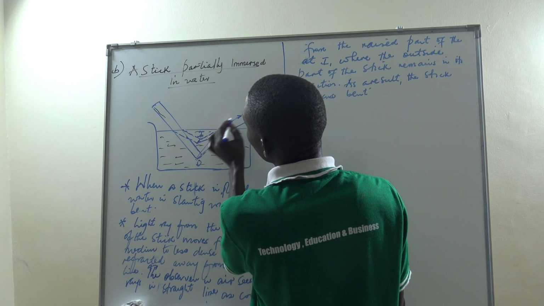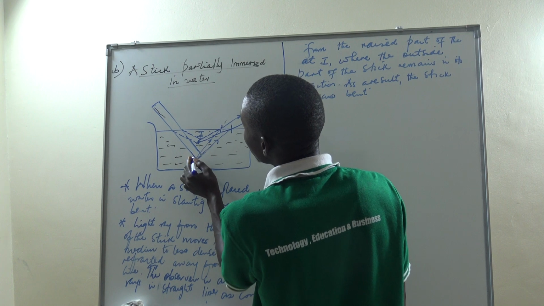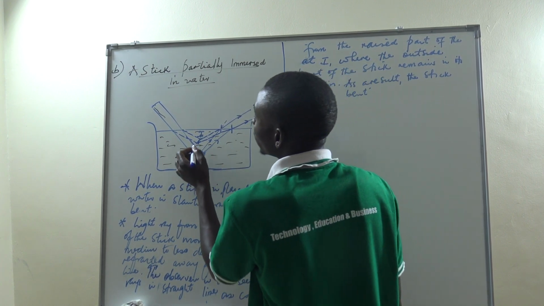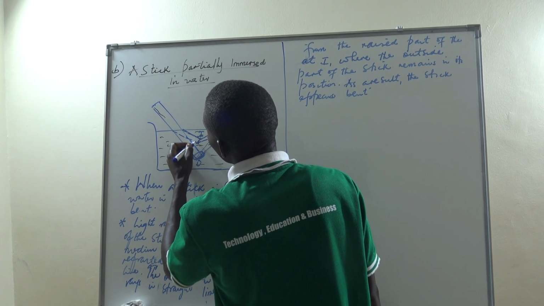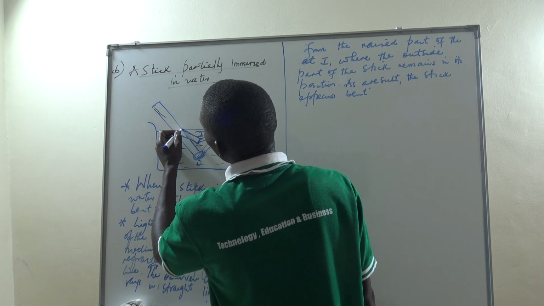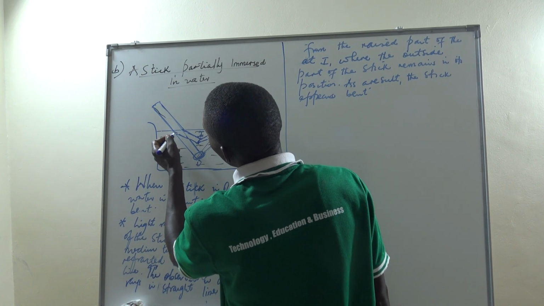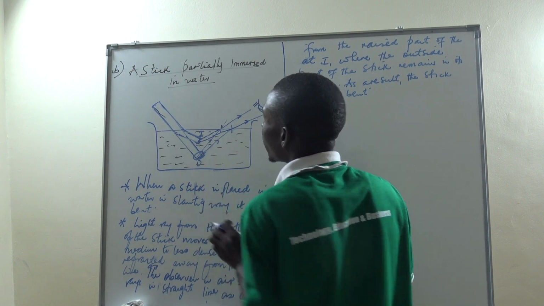That means that you will see it coming from this point here. And that is why you will see this part of the stick as if it is here. And now when it is here, it will look like this is like this. And now because this part remains in its position, this one remains here, and now this part here will look like it is now like this. So at the end you see the stick as bent.